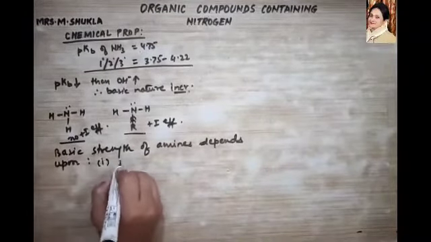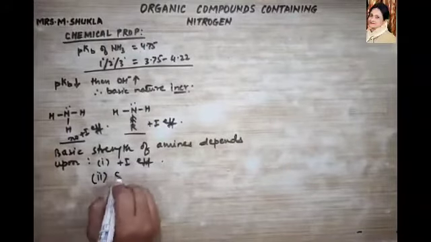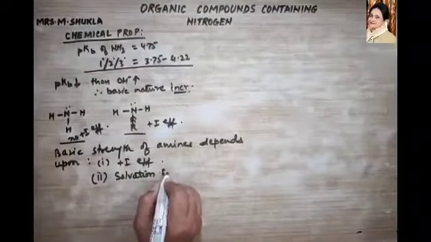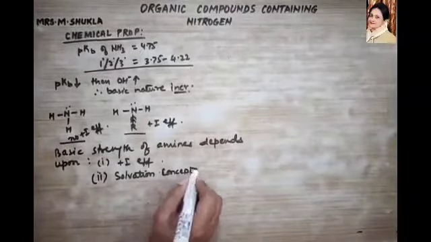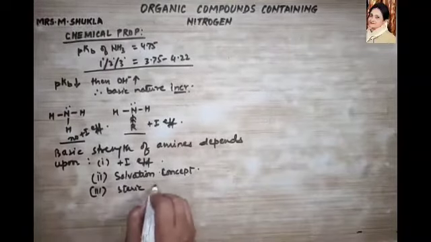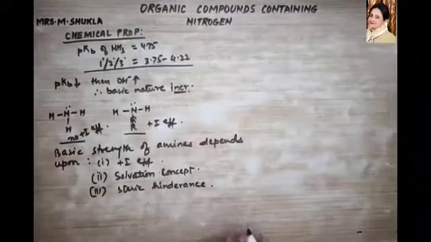What are they? The first is the plus I effect, the second is the solvation theory or the solvation concept, and thirdly the steric hindrance. Okay, these are what we are going to study further.